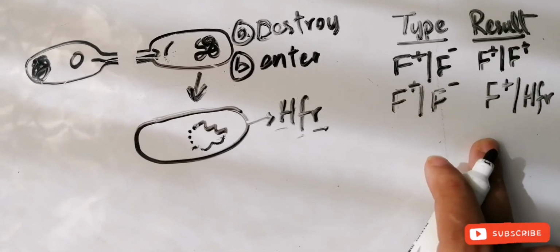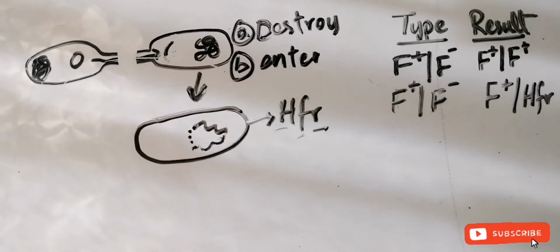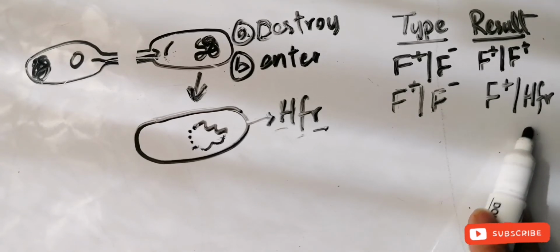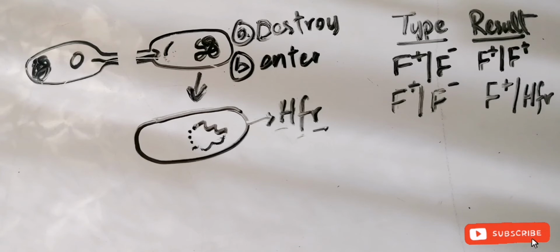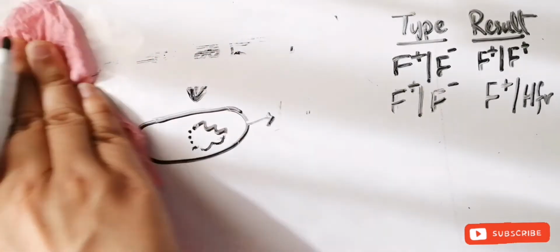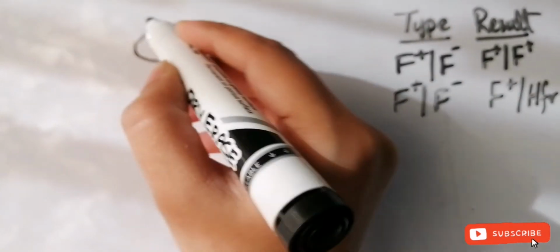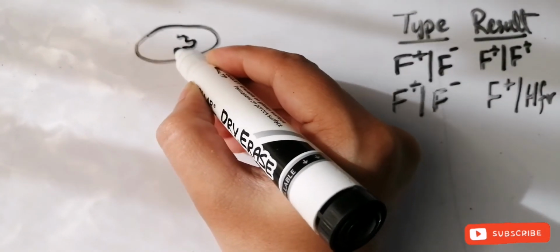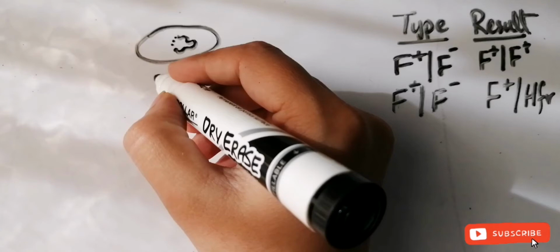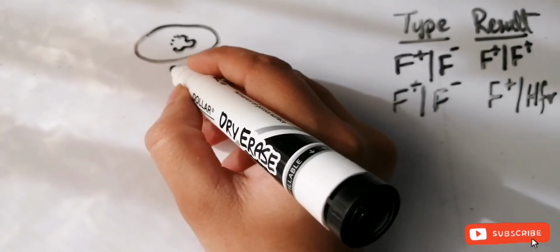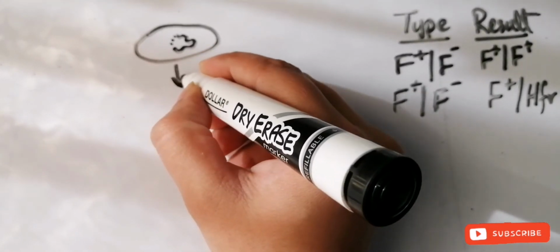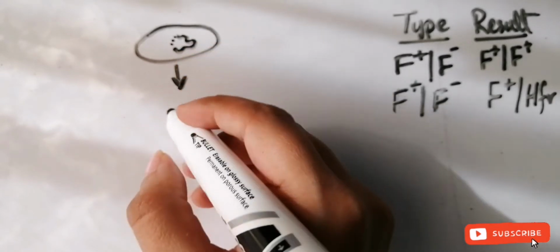Now the last type of conjugation we are going to discuss: the HFR bacteria is always trying to get rid of that integrated plasmid chromosome, that accumulated part. So in order to get rid of that plasmid, HFR is converted into F prime factor.